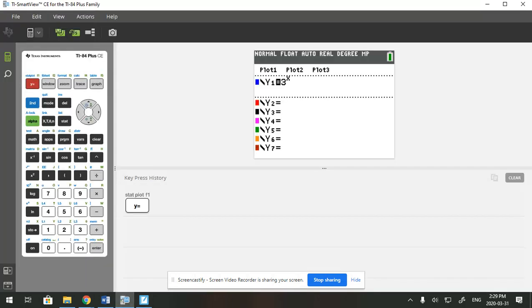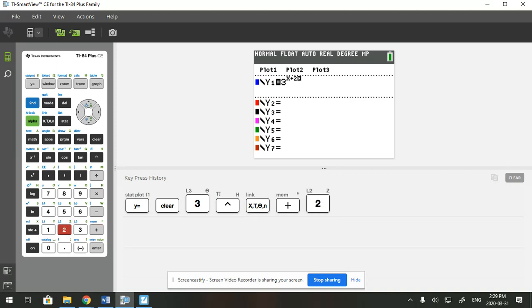So I'm going to go into y equals, and we're going to type in 3 to the exponent x plus 2. And be careful, like I said, with newer calculators you could type it in this way, but if you have an older version, you might need to include brackets around your x plus 2 in order to graph it properly. So try it out and make sure it matches mine, whichever way you do it.